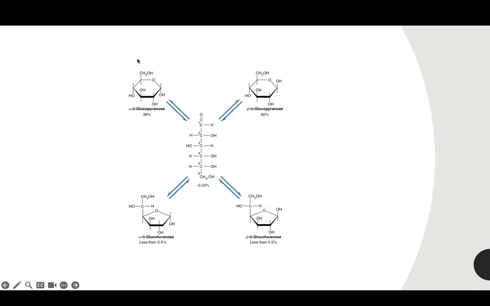So it can partake in a reduction reaction and donate an electron. However, if this anomeric carbon carrying the OH group is partaking in a glycosidic bond and is not carrying a free OH group, then it is not a reducing sugar. It is non-reducing.